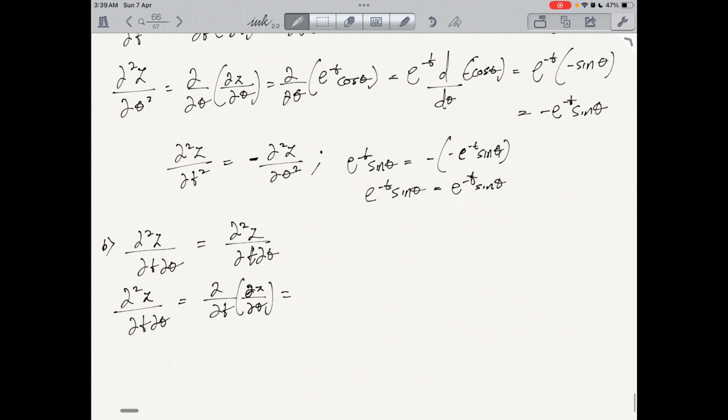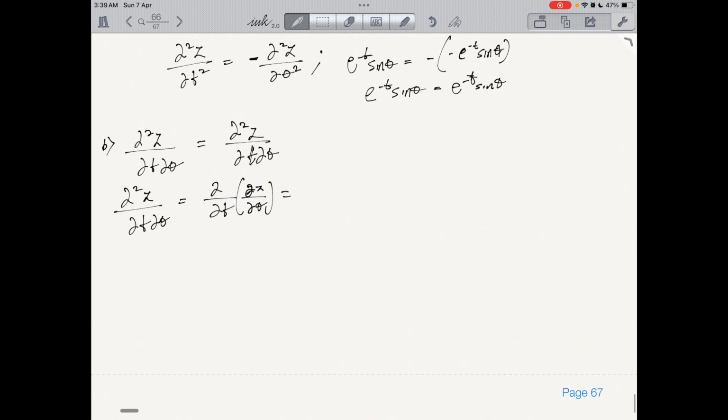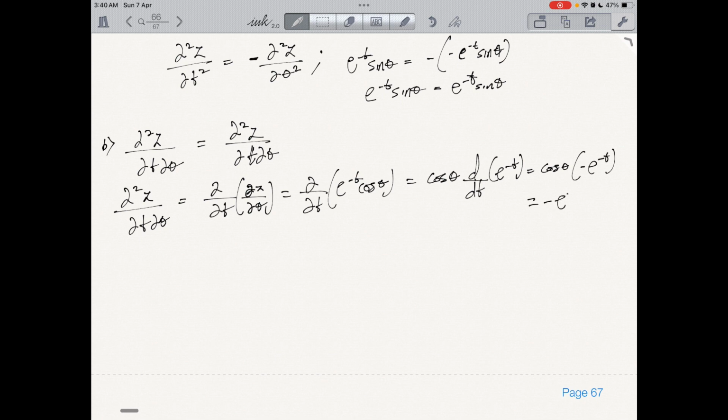Now dz/d theta is exponential minus t cos theta, and that is d/dt of exponential minus t cos theta, and therefore our cos theta is kept constant, and we are fully differentiating exponential minus t, and this will give us cos theta multiplied by minus exponential minus t, and we will be left with minus exponential minus t cos theta.